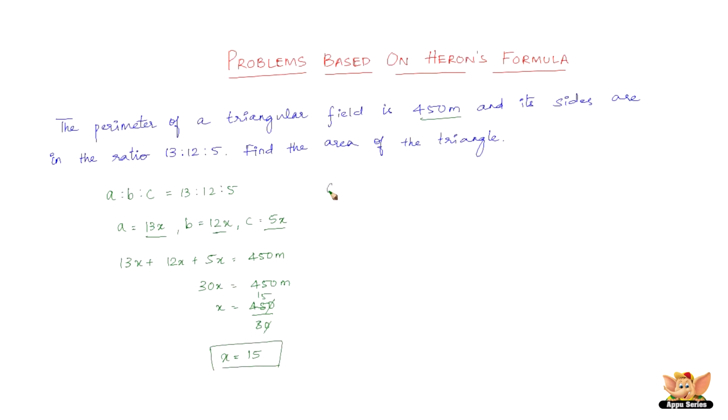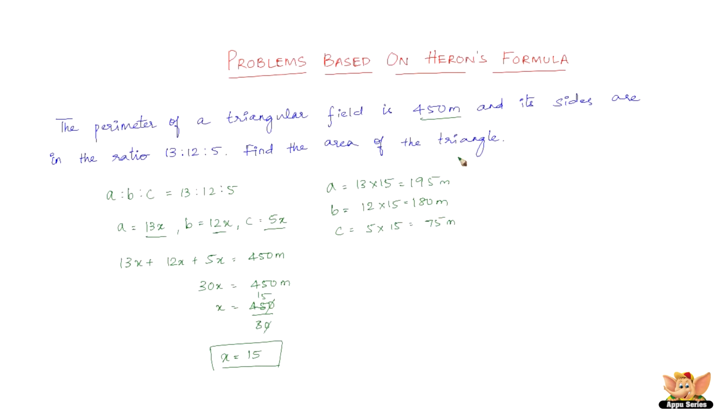So now we have A as 13 into 15, which is nothing but 195 meters, B as 12 into 15, which is 180 meters, and C as 5 into 15, which is 75 meters. So now this adds up to 450 meters.